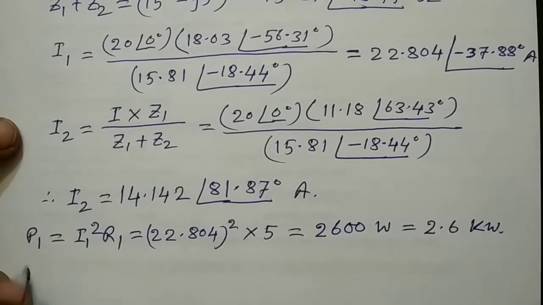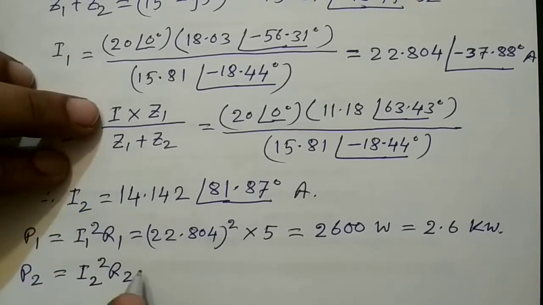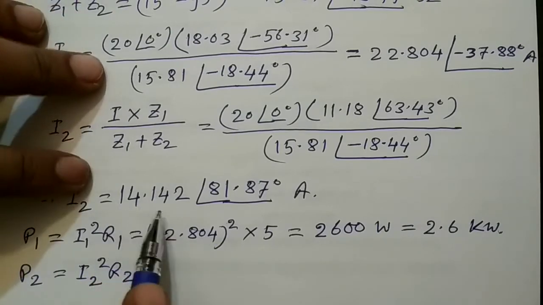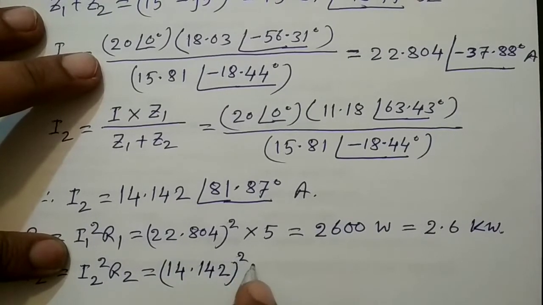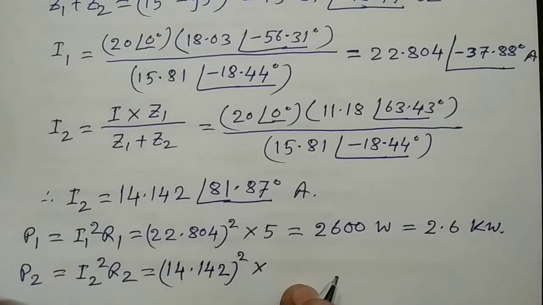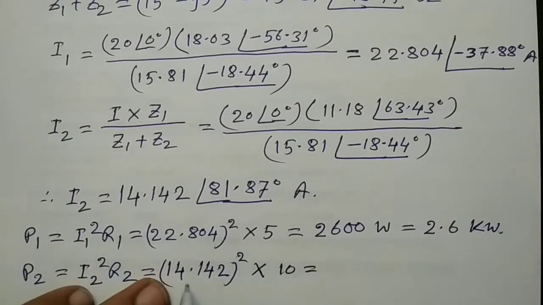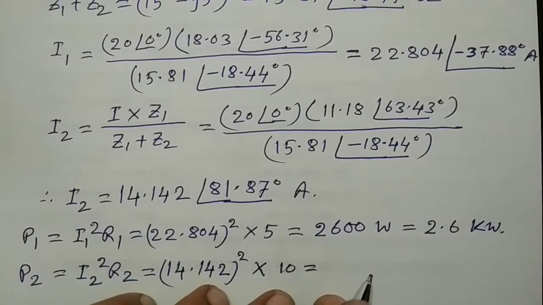Similarly, the power in the second branch is I2 squared R2. The magnitude of the current is 14.142, which is the RMS value. So 14.142 squared into the resistance of the second branch, that is 10. In the I squared R formula, we consider only the resistance, not the entire impedance.